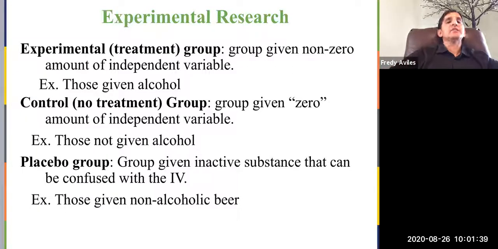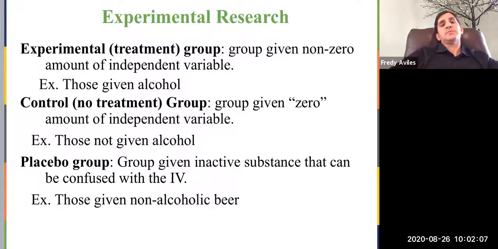What you usually find is the experimental group was the most aggressive of all. And then the placebo group was the second most aggressive. And the least aggressive was the control group who got nothing, basically. They got no alcohol. They did not get a placebo. The placebo group might show a little bit more aggression than the control group because some of them might believe that they're actually getting real alcohol.